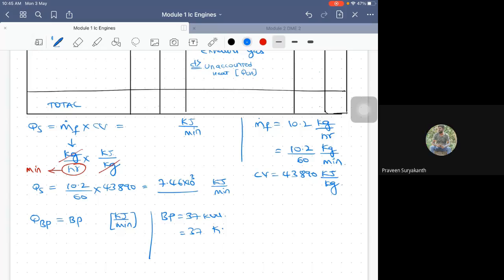Kilojoules per second. But what do I require? A minute. So you have to do 37 into 60 so that you can convert it into kilojoules per minute. Now, what is the value of QBP in kilojoules per minute?